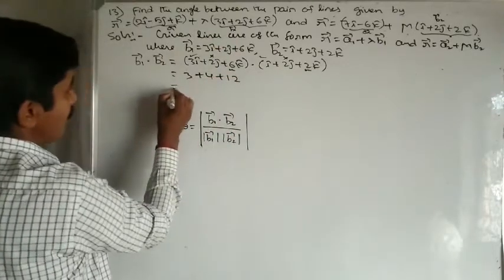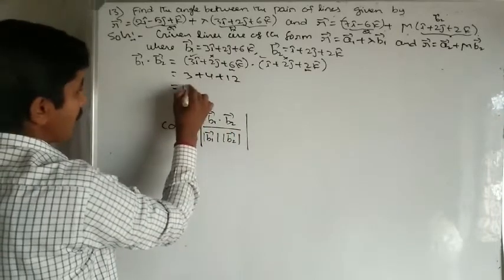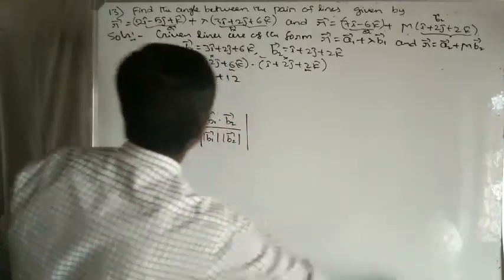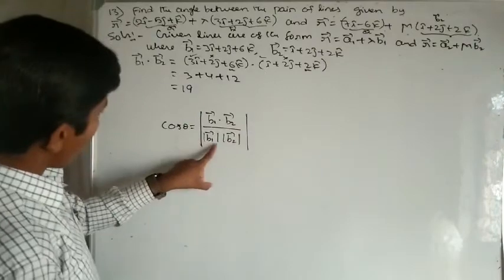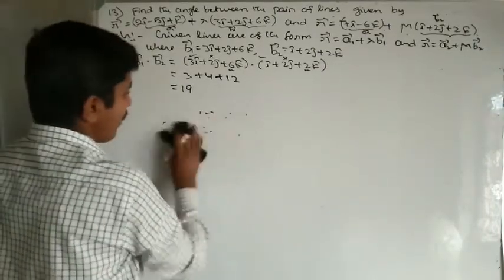Adding these, 3 plus 4 is 7, 7 plus 12 is 19. Got it. Now I am going to find the magnitude of vector b1 and the magnitude of vector b2, and then find theta.